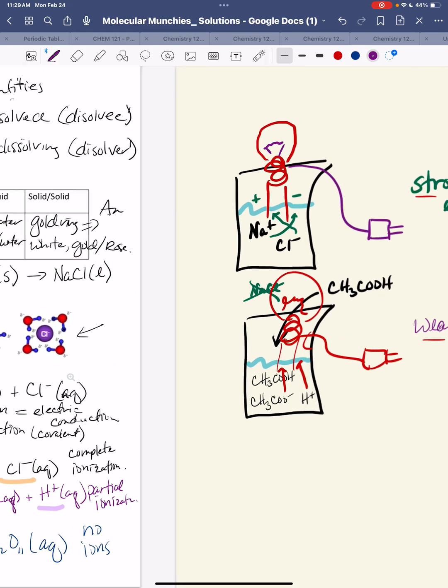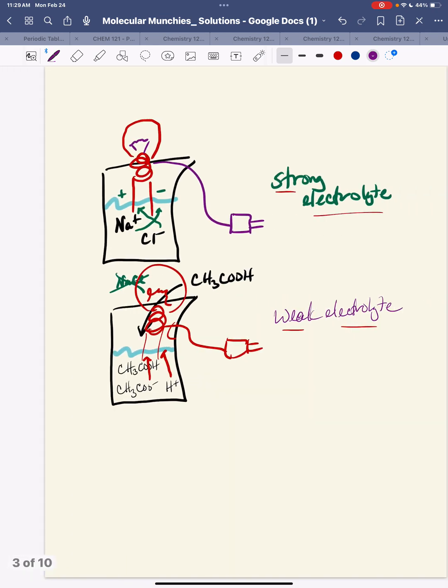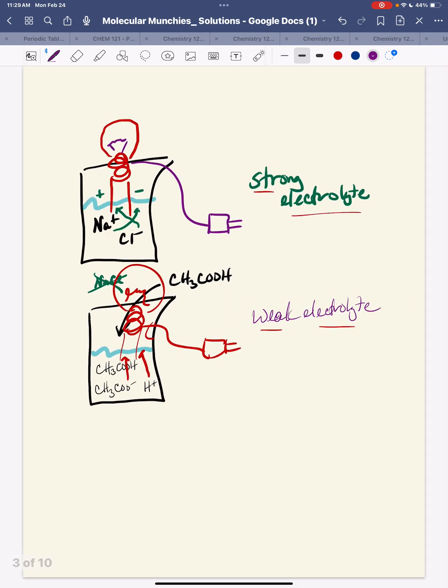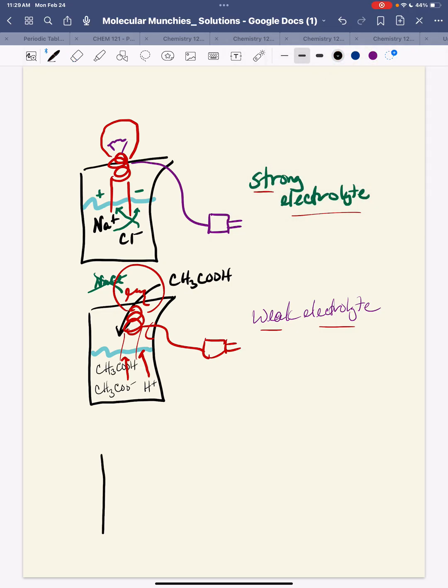And what happens here is when we put this in solution, let me look at our beakers here. So when we put these in solution, we have that same situation. We were trying to make that black, so let's keep that consistent. So basically, we draw our beaker and we put our sugar in there. So we have our water. We put sugar in there, so we get C12H22O11, and it's dissolved in there.